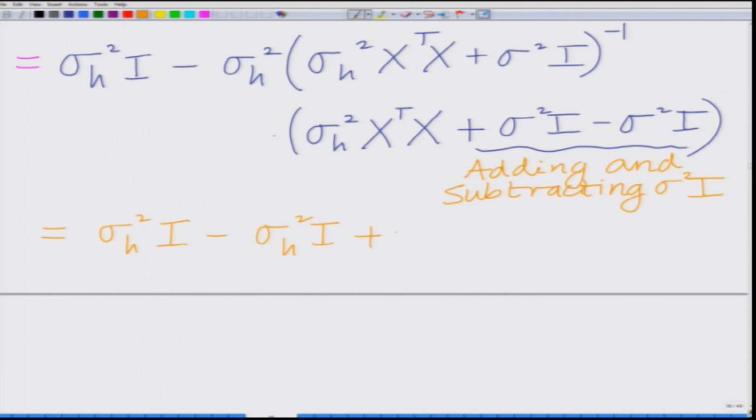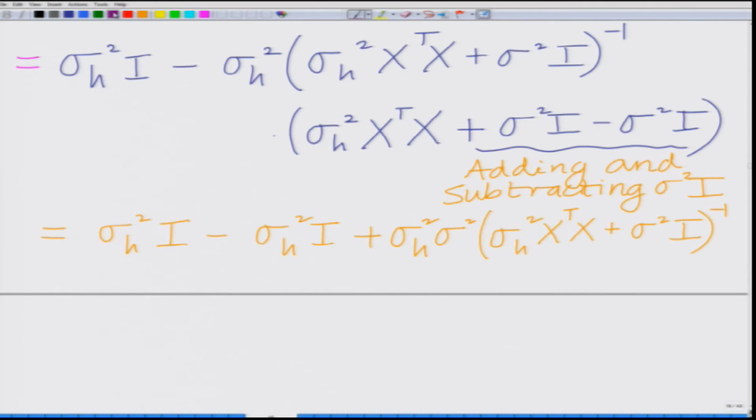So, net we will have sigma h square into sigma h square x transpose x plus sigma square identity inverse, and that is what we are left with.